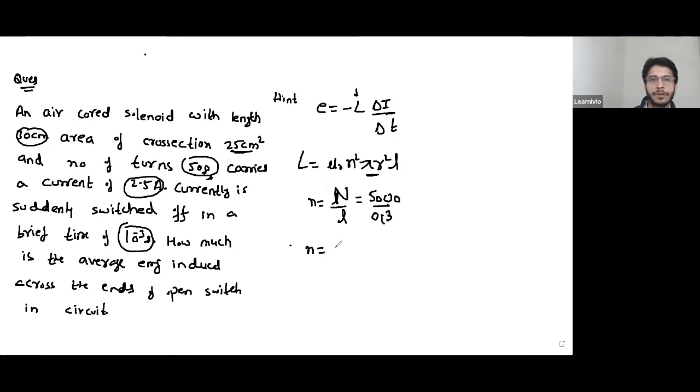So the number of turns per unit length is 5000 by 3 per meter. This pi r square area is basically 25 centimeter square, which is 25 into 10 raised to the power minus 4 meter square. Length is 30 centimeter, which is basically 0.3 meter.